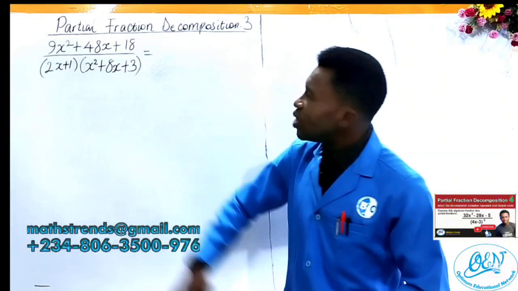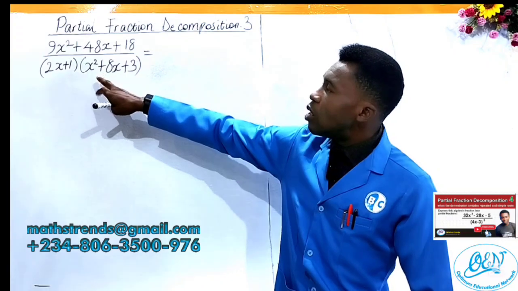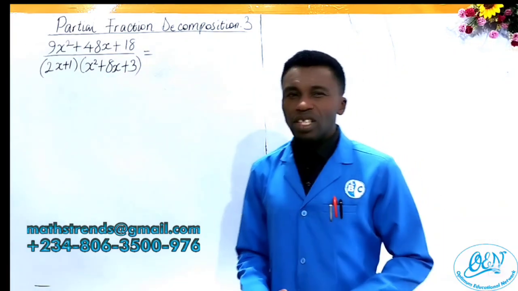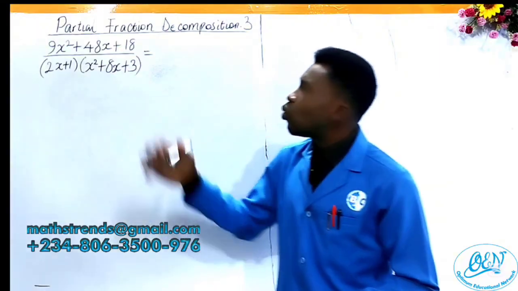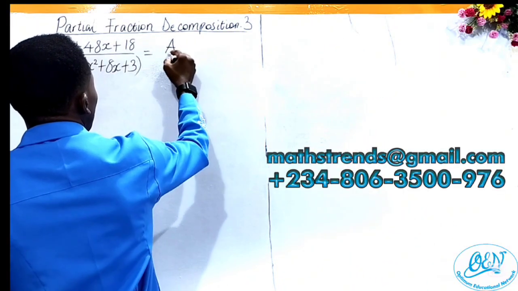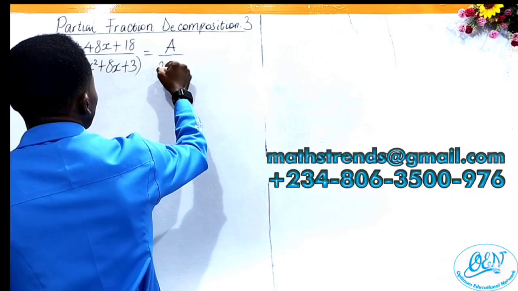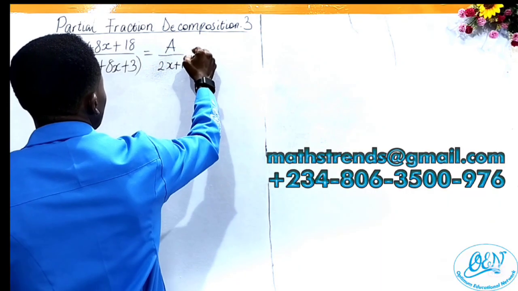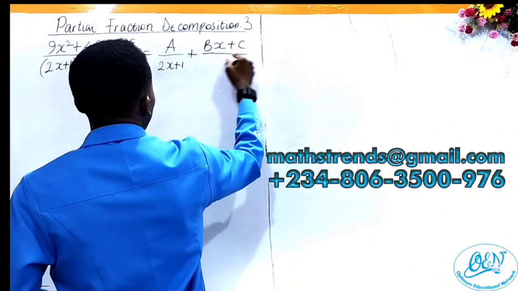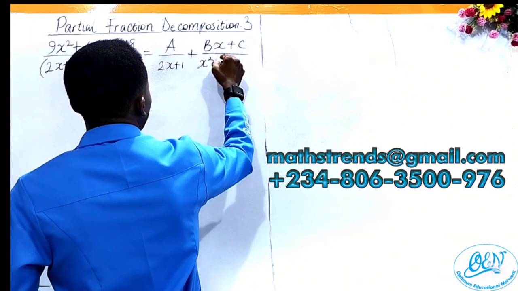But in this particular case, you can see that the quadratic expression we have in the denominator cannot be expressed in simple roots. So in this case, what do we do? We express this in this form: A over 2x plus 1 plus bx plus c over our quadratic expression.